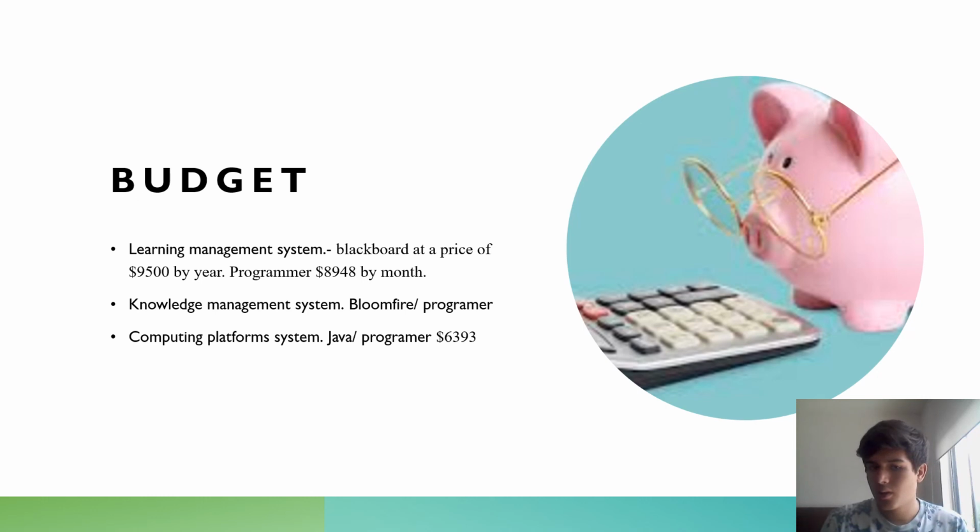Or they could contract a programmer, which is most likely what a company like Shopify would do. For the type of program that is used, that will cost $8,948 per month. The knowledge management system would be Bloomfire. It would be completely free.